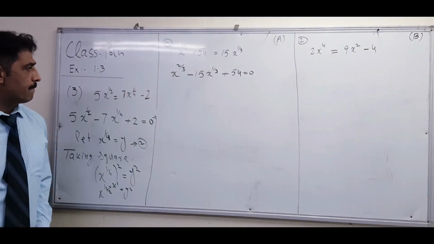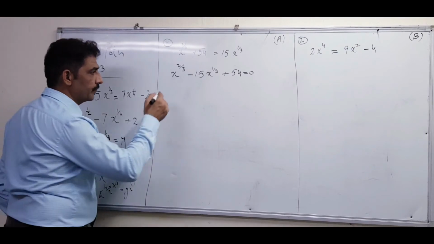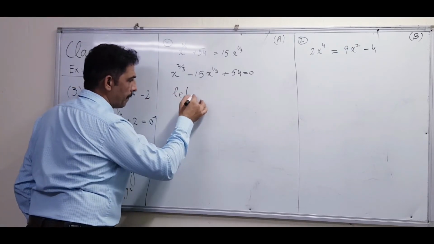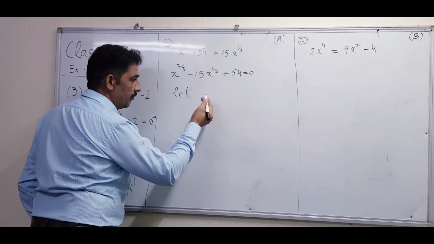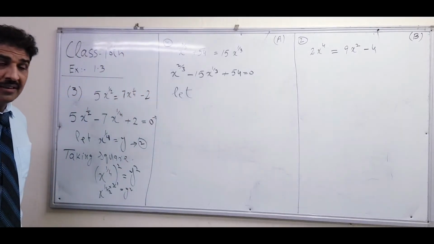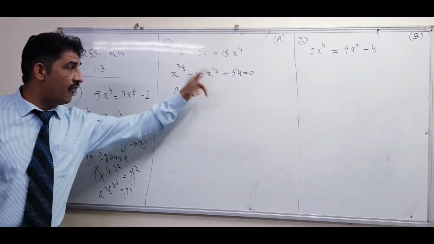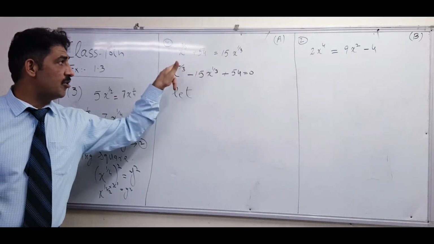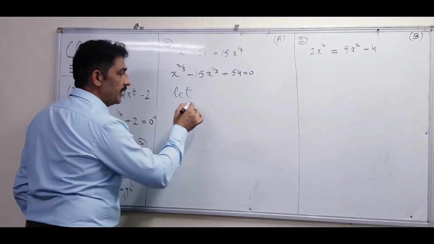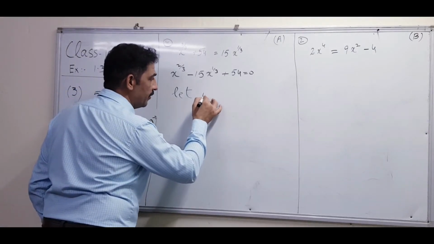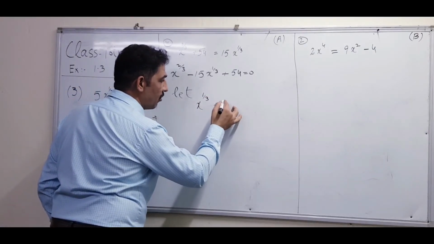Right? Again, what is the smallest term? 2 by 3 or 1 by 3? 1 over 3, because the denominator is the same, the exponent changes. So let x exponent 1 over 3 be equal to y.